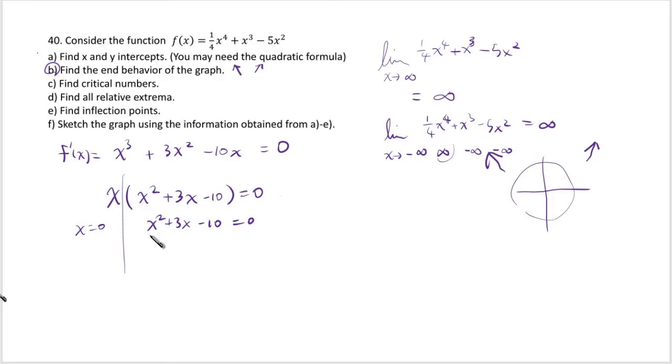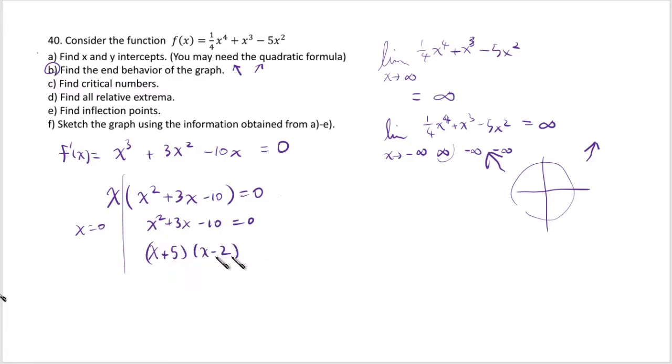You can solve this again by using the quadratic formula, but I see that 5 times 2 is 10 and 5 minus 2 is 3, so I'll choose 5 and negative 2 to see if it factors like this, and it checks out, right? 5x plus negative 2x gives you 3x. 5 times negative 2 is negative 10.